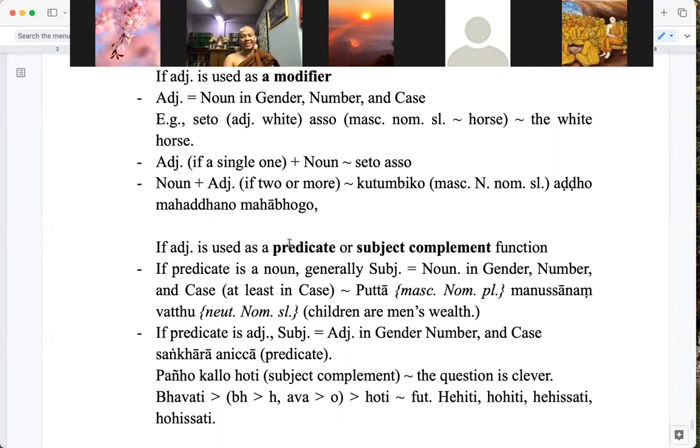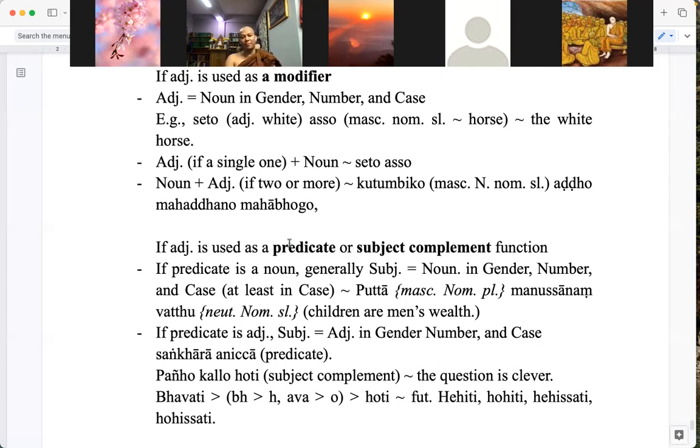So I just wonder whether we can use Sankhara Anicca together with the verb to be, for example, Sankhara Anicca santi. Exactly, that can be. When can we drop the verb to be, or can we use it both ways, including santi or not including santi, and it is still acceptable?